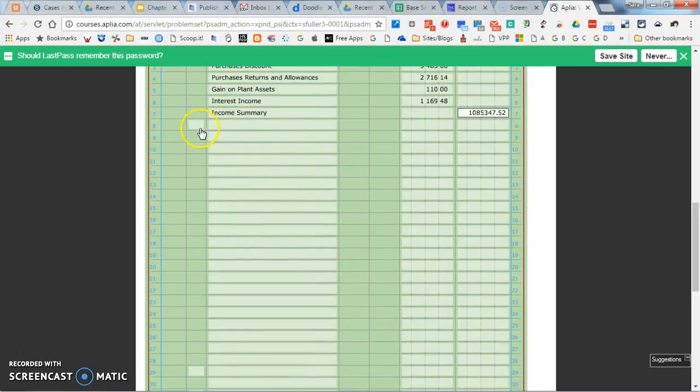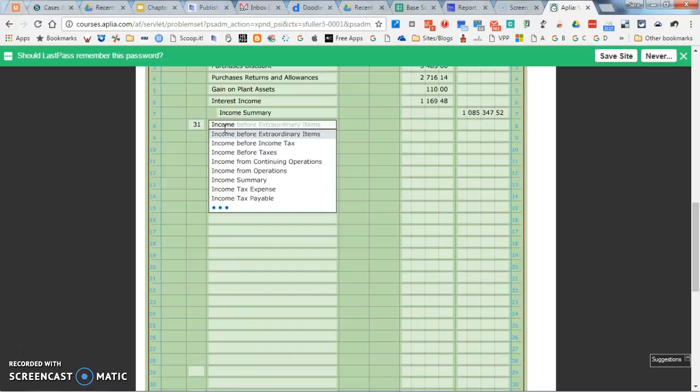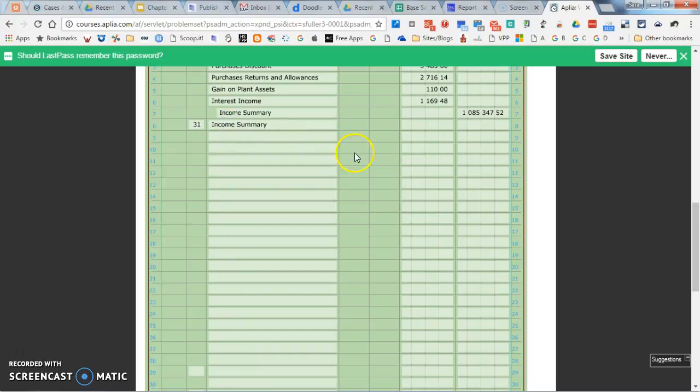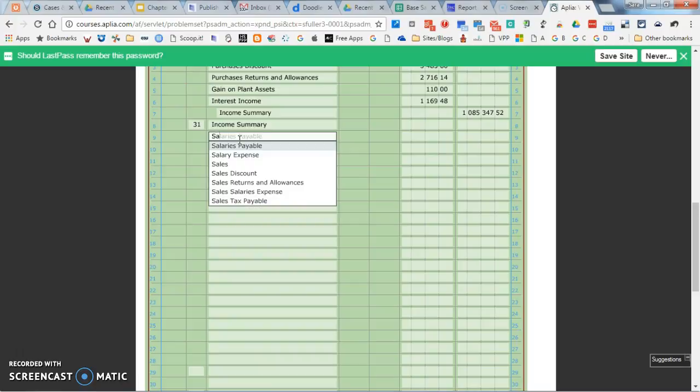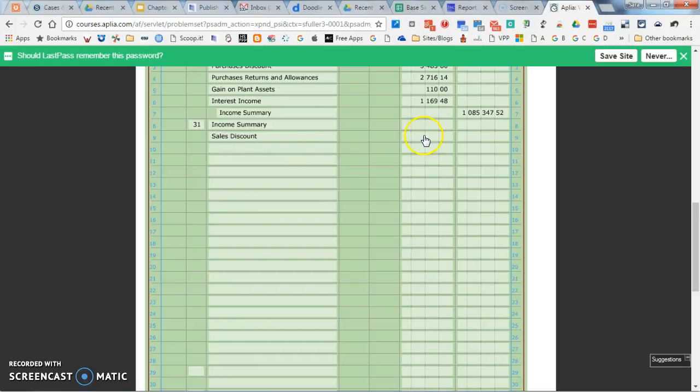Then our next one here, date is the 31st. Our first debit account will be income summary, but we won't know the amount to put in there. We have to do all of our other closing entries and then we will add them up. So then we have sales discount, credit $2,020.80.